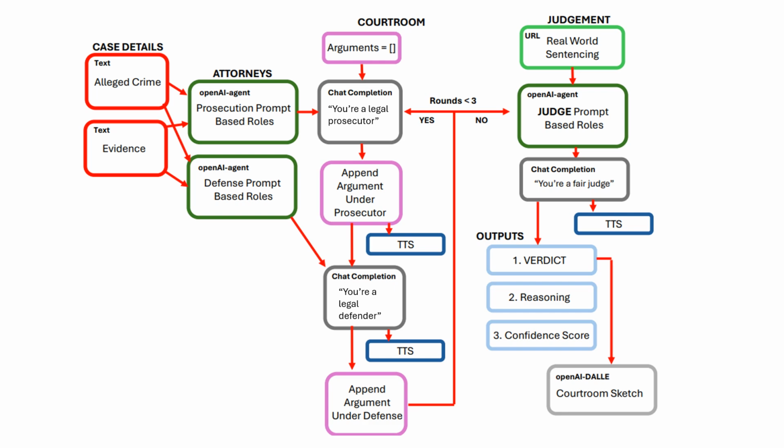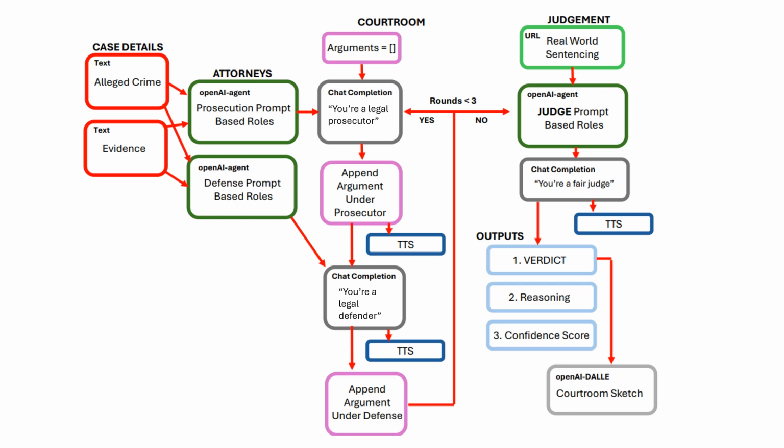And what's happening here is these two sets of information through the prompt creation are fed into our OpenAI agents. So we'll see in the next slide how this prompt is built. And these are our two attorney agents, and they're going into the courtroom. So you can actually kind of in your head visualize these two little individuals walking into the courtroom.